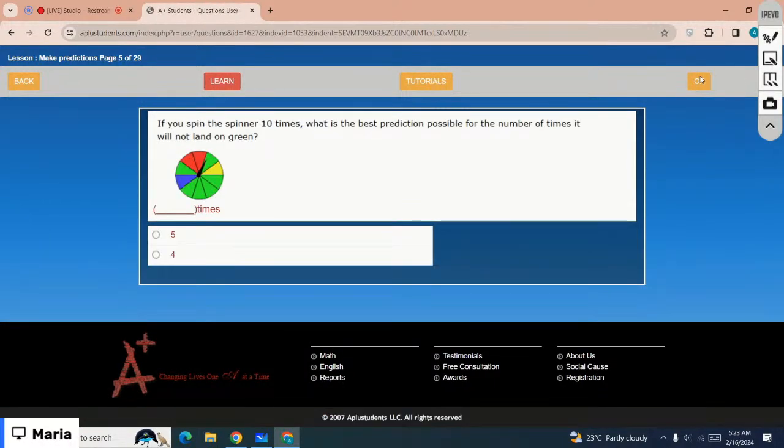If you spin the spinner 10 times, what is the best prediction possible for the number of times it will not land on green? So, which is the correct option?